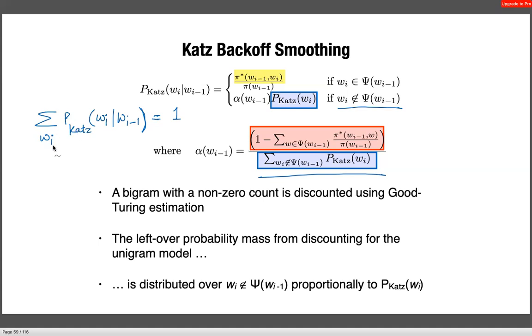You can split this into two summations, one when w_i belongs to psi and the other when w_i does not belong to psi. This ensures that the normalization of all these Katz probabilities holds, that it will sum up to 1 when summed over all w_i, which is exactly what you want from a properly normalized bigram distribution.